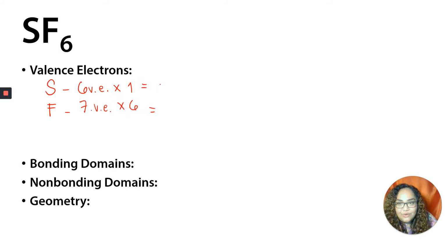So 6 times 1, that would be 6. Then 7 times 6, that would be 42. So 42 plus 6, that would be 48 valence electrons all in all.